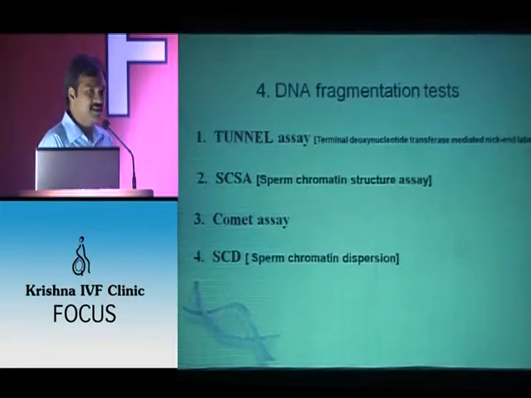In the same way, even comet assay is easy to perform, but you need a fluorescent microscope and gel documentation system for the analysis process. Whereas SCD is very simple, accurate and does not require any expensive instrument for the analysis. It needs only a compound microscope.